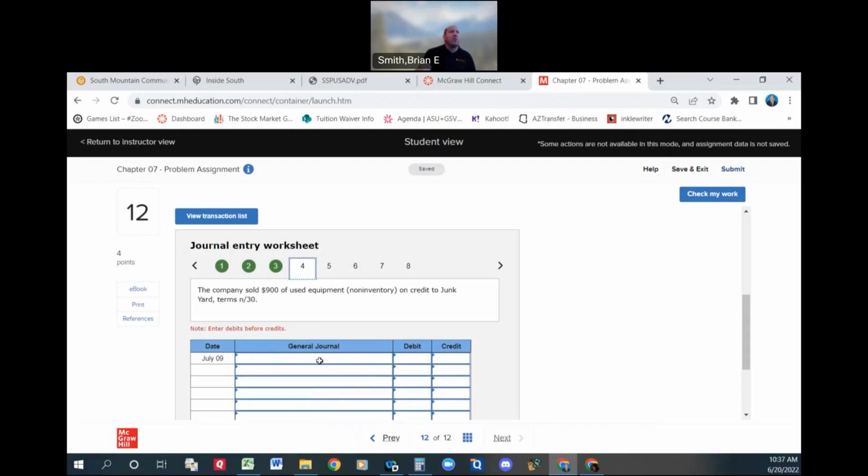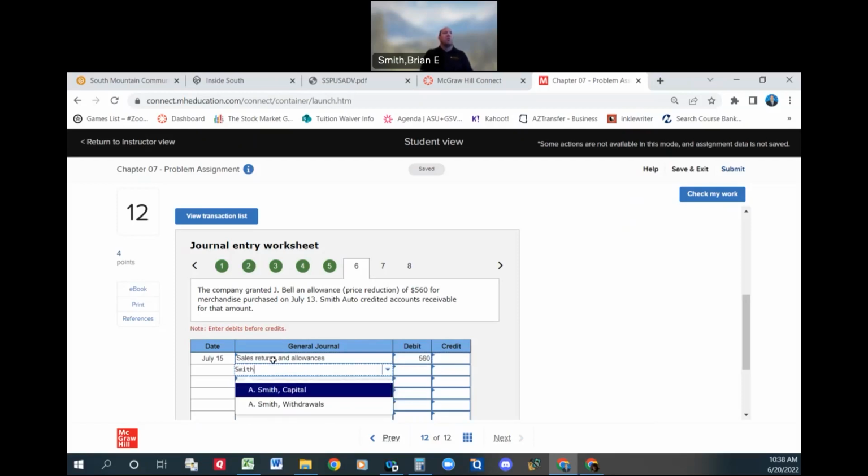Company sold $900 on credit, not recorded in general journal. Company sold merchandise, not recorded in general journal. Company granted J. Bell an allowance for $560 merchandise, which I auto credited accounts receivable for that amount. Okay, so we are going to debit sales returns and allowances for $560, and we're going to credit, sorry, accounts receivable J. Bell for $560.